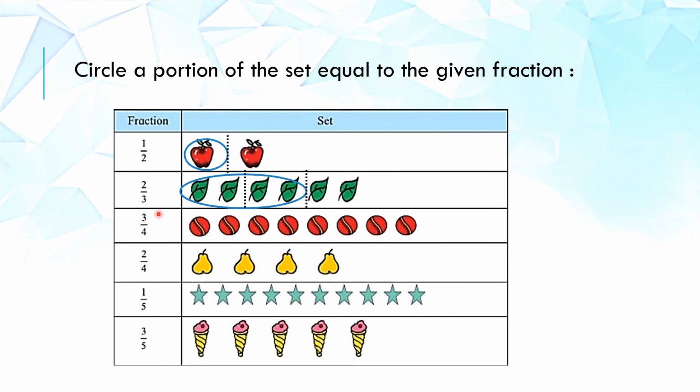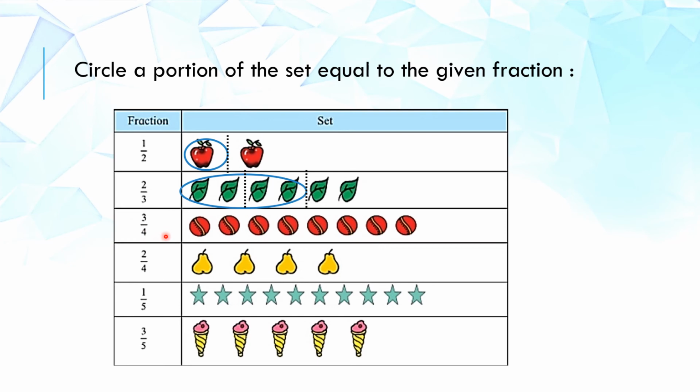Now here the fraction is 3/4. So the given objects are 1, 2, 3, 4, 5, 6, 7, 8. From these 8 balls, we have to make 4 equal parts.